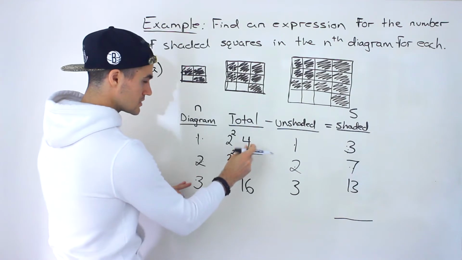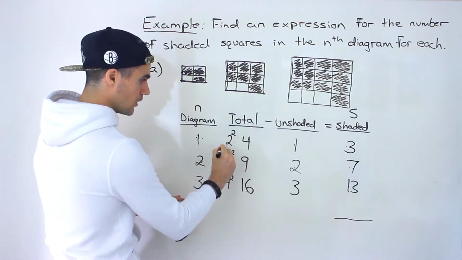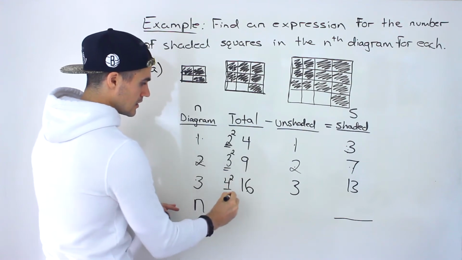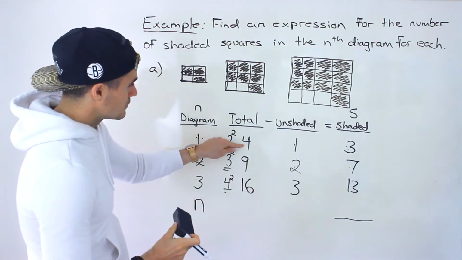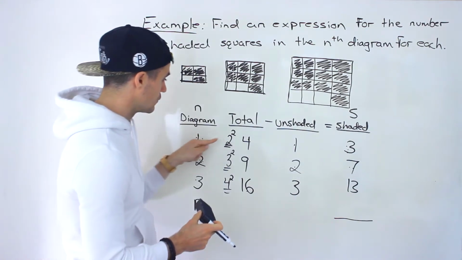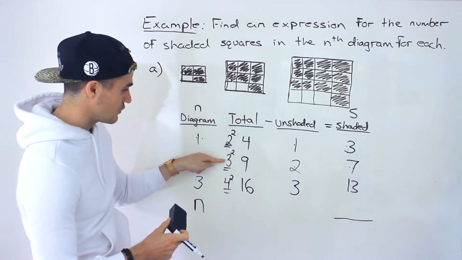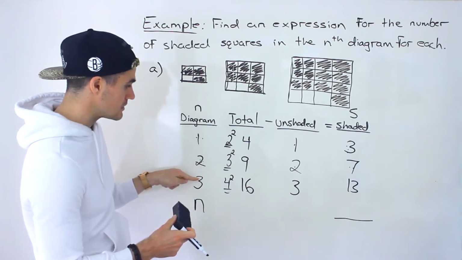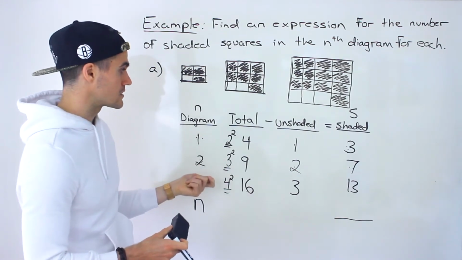Well, a lot of times you want to rewrite these like this, because it's tough to see how to go from 1 to 4, but notice it's easy to see how to go to this base of 2 from 1, and then from this 2 to 3, and then from this 3 to 4. All we're doing is adding 1 to these and then squaring it.